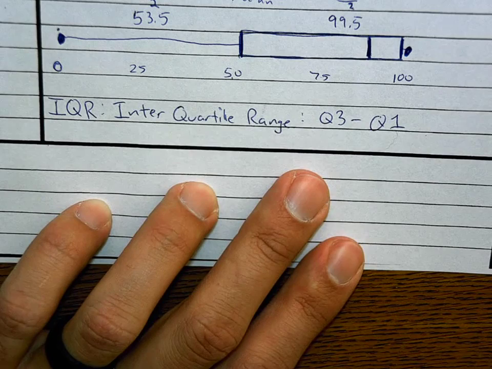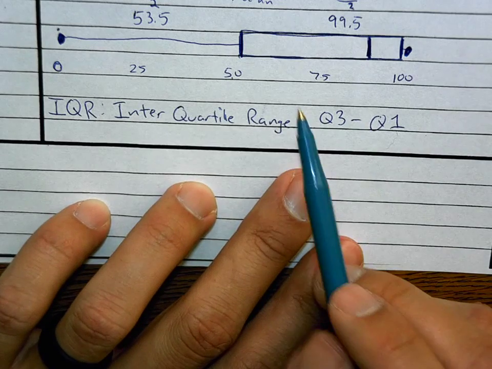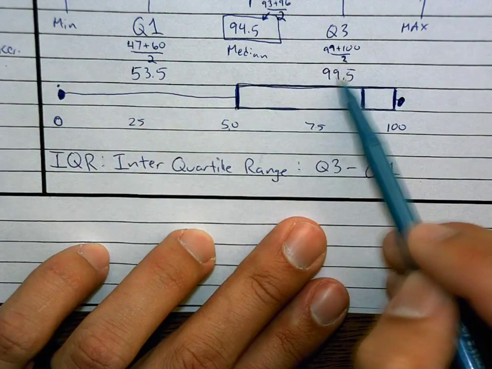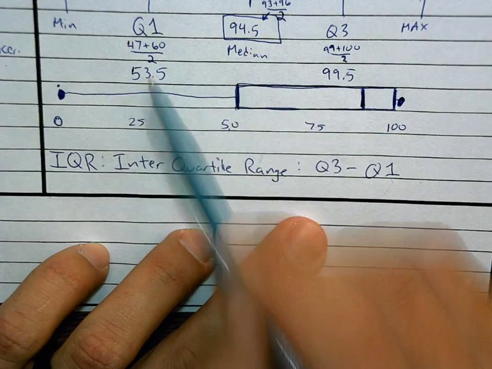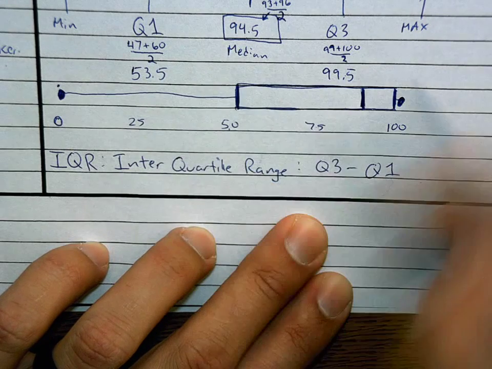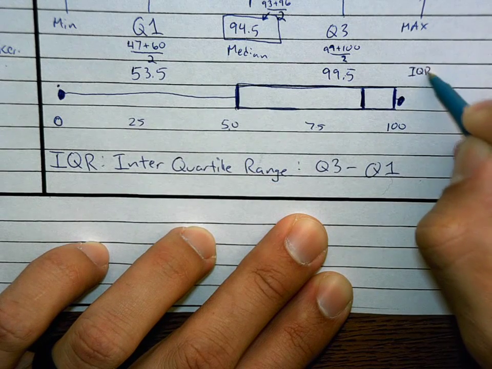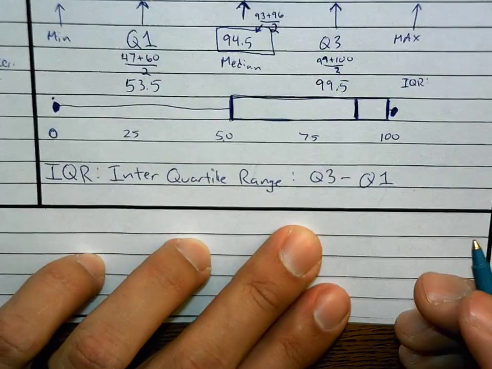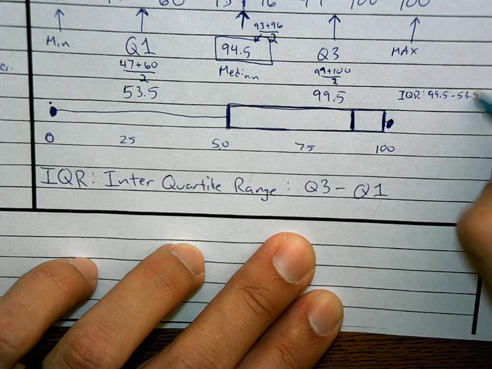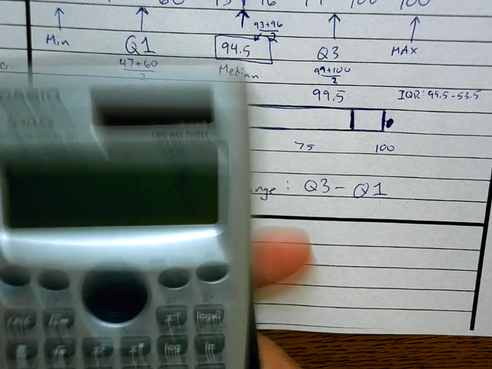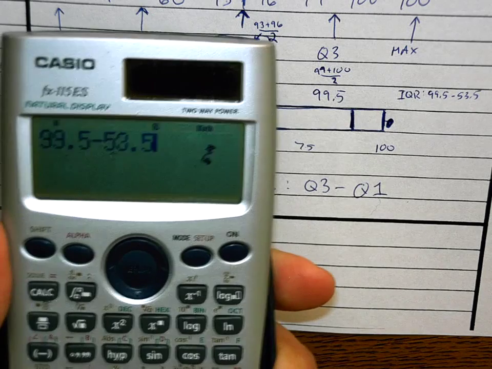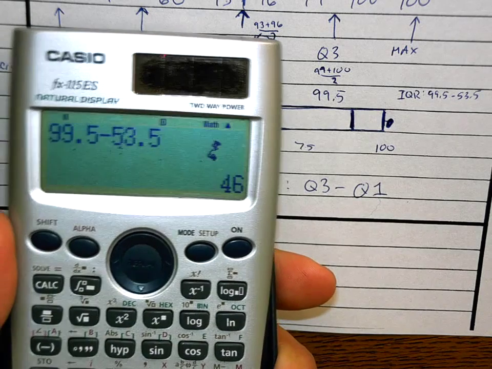If I want to know what the IQR of our previous example was, I would take 99.5 and subtract 53.5. The IQR of this example is 99.5 minus 53.5, and you figure out what that is. I do recommend you use a calculator. And I'm getting 46.